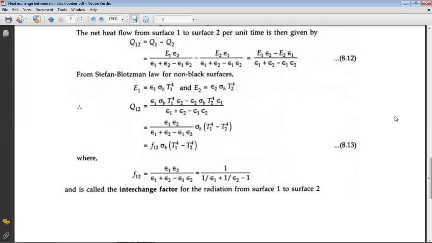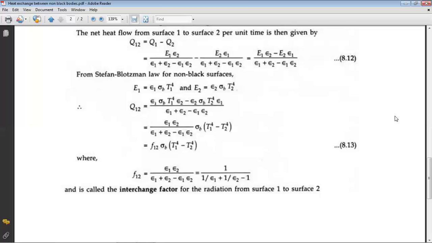If two bodies exchange heat between them, then it will follow the reciprocity theorem, which states A1 F1 on 2 is equal to A2 F2 on 1, where A1 is the surface area of the first surface, A2 is the surface area of the second surface, F1 on 2 is the fraction of energy emitted by the first surface striking the second.